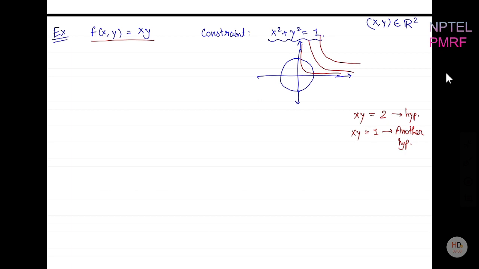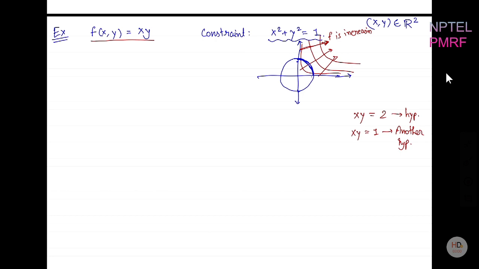And let's keep ourselves in the first quadrant. Clearly the function f is increasing along this direction. Here it's increasing like this. Here it's increasing like this. And now we are supposed to be on this circle. So where on this circle would we have the maximum value of f?